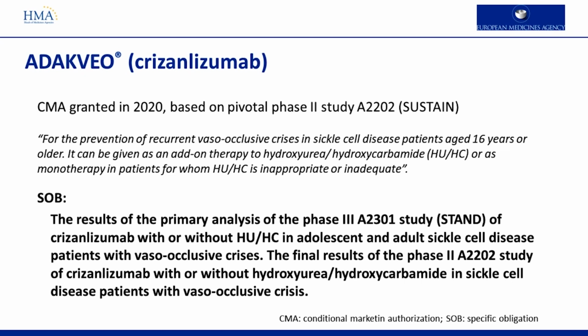They were the results of the primary analysis of the phase 3 82301 study, the STAND study, of crizanlizumab with or without hydroxyurea or hydroxycarbamide in adolescents and adults with sickle cell disease with vaso-occlusive crisis. But also we wanted to see the final results of the phase 2 82202 study of crizanlizumab with or without hydroxyurea and hydroxycarbamide in these patients with vaso-occlusive crisis.